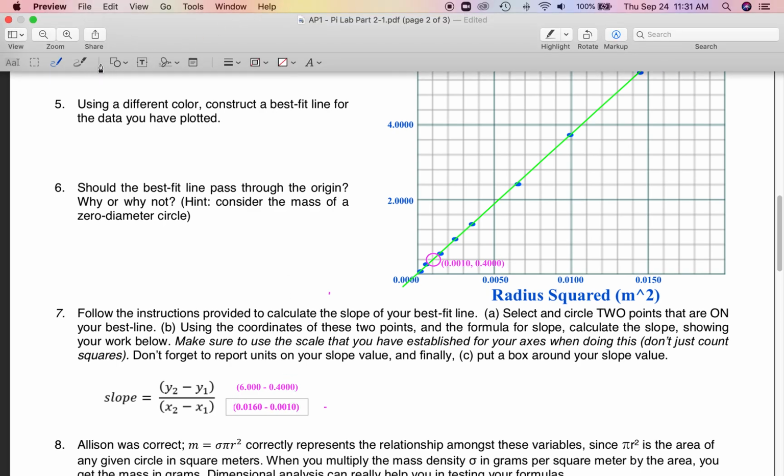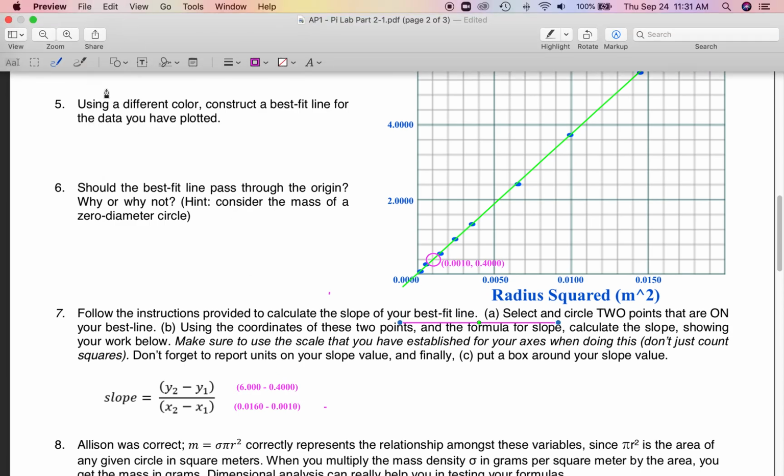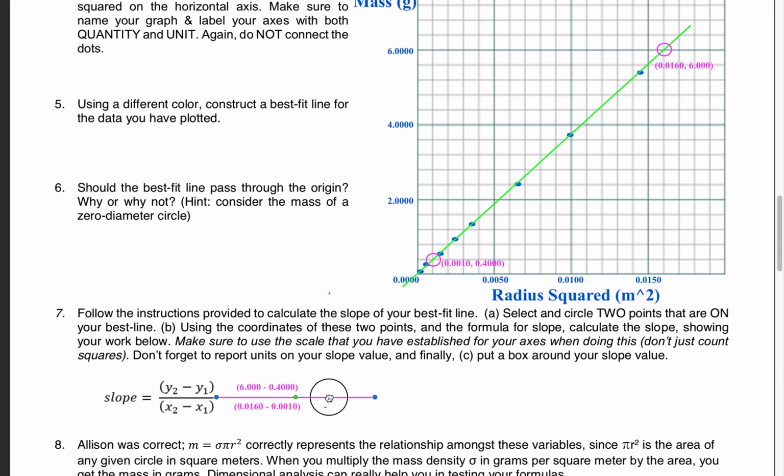Okay, so we're going to find the fraction of those, and then plug that into my calculator. 6 minus 0.4, divided by 0.016 minus 0.001.